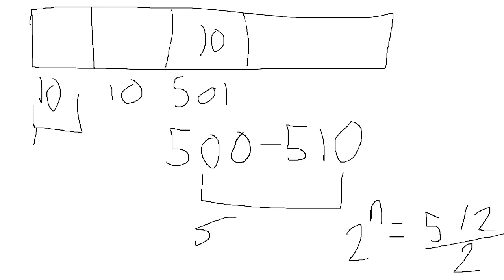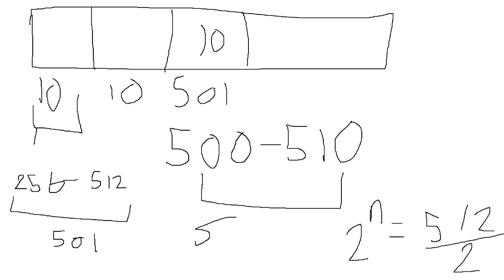So right here, I search from, let's see, what items are these? 256 through 512. And within those ranges, I can find 501. Does that make sense in general? Yeah.